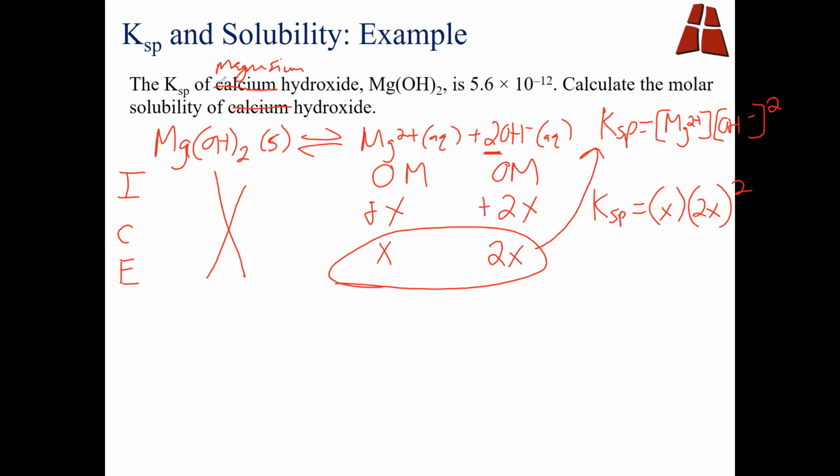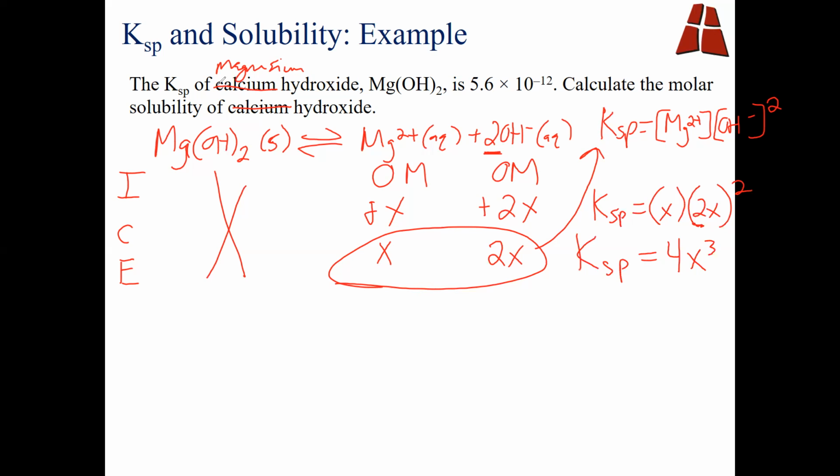If we do our exponent and combine terms, we should end up with 4x cubed, right? The 4 comes from squaring the 2 to get 4, and then we'd end up with x squared. Combine all that together, you get 4x cubed.